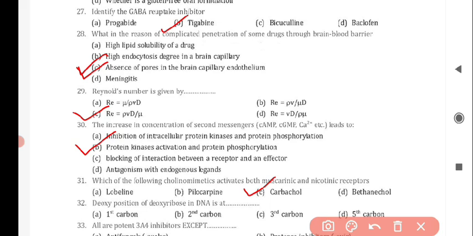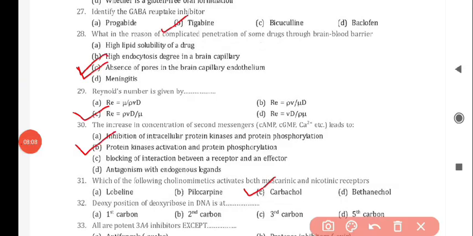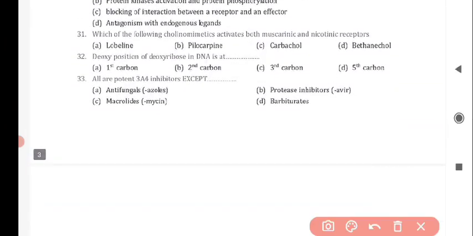Next question is deoxyposition of deoxyribose in DNA is at, and the correct answer is option B, second carbon. Next question is all are potent 3A4 inhibitors except, and the correct answer is option D, that is barbiturates.